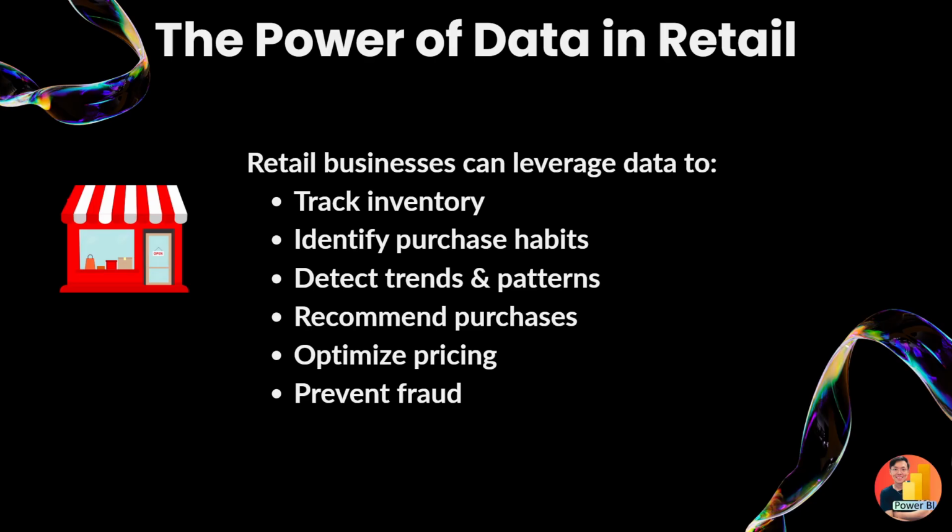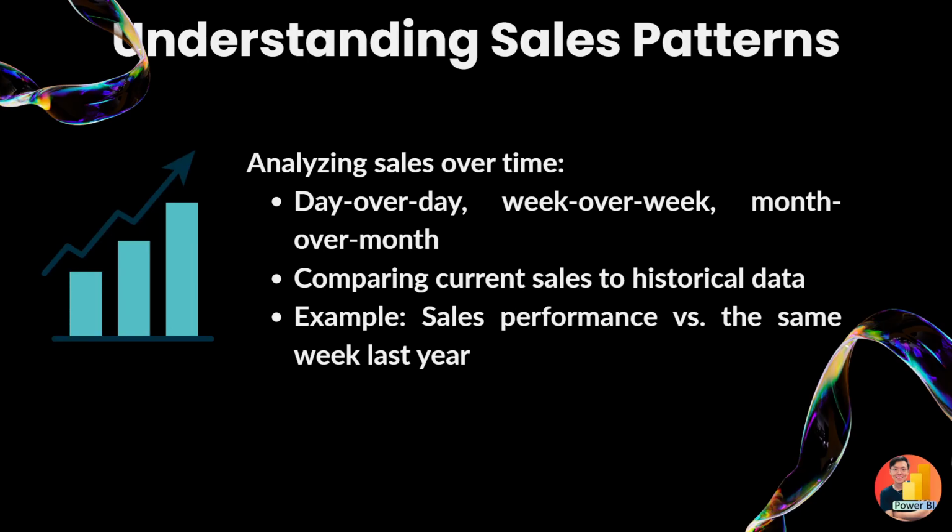We can even recommend to users from their browsing history. Optimizing pricing, what's the best pricing? If we increase some pricing, the sales drop, we bring down a lot of pricing, the sales increase, but it's not optimized. That's why we need to optimize the pricing. Obviously we can detect fraud in data as well. That's why data is very important in every business.